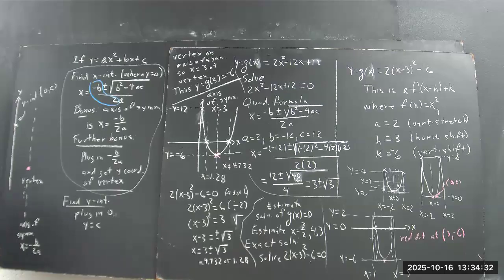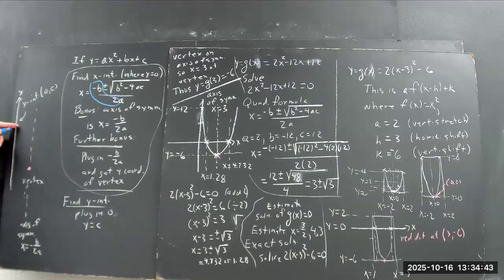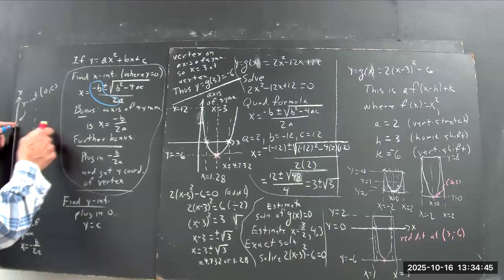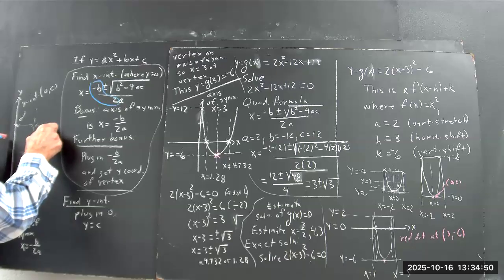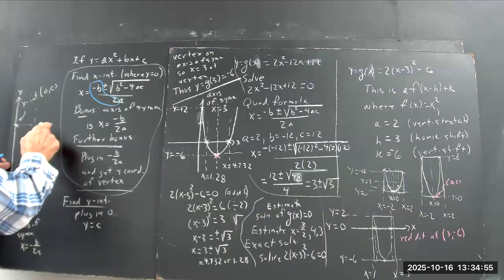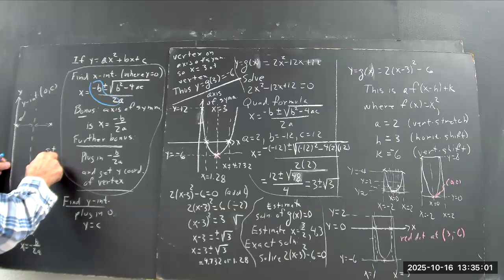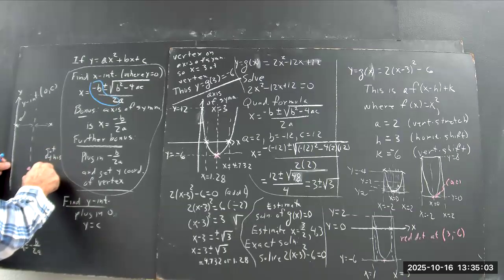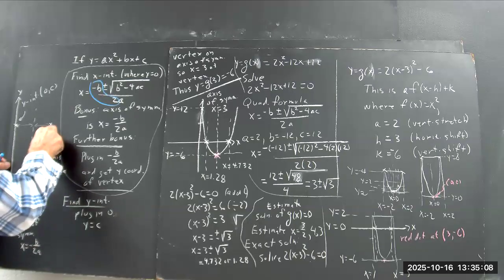So how am I going to draw my parabola? Well, here's a point, right? Here's an axis of symmetry. How do I get another point? Take this point, put one an equal distance over here, right? So got this for free.